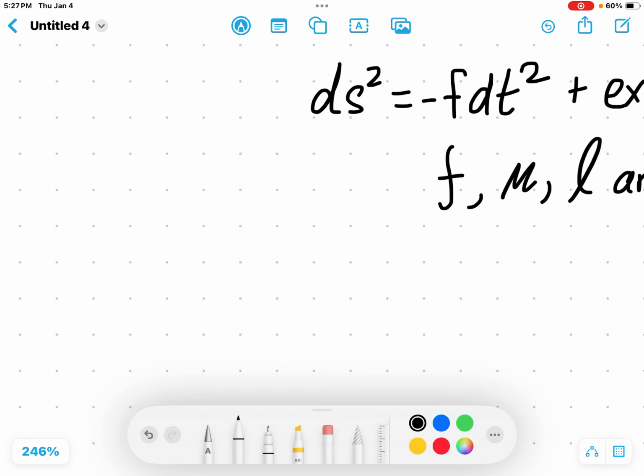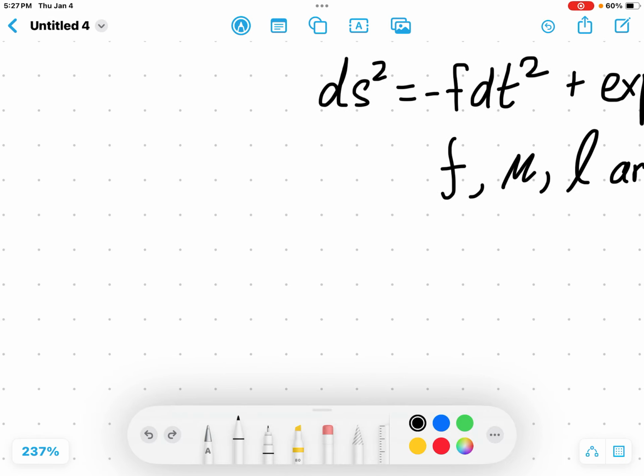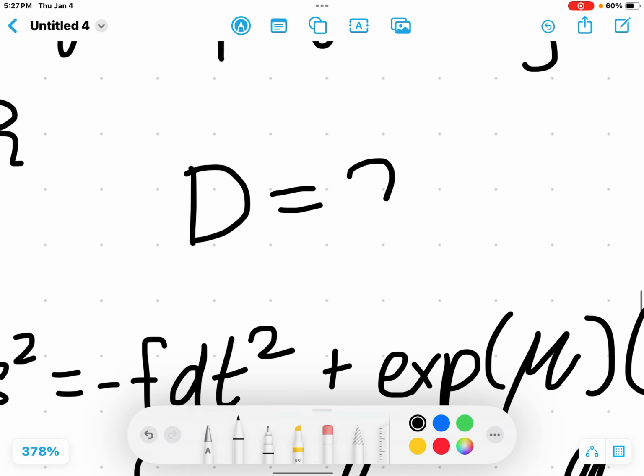Now, a particular form of this metric involves the diameter of the base of your cylinder. If you know the radius, of course, the diameter is simply 2r.